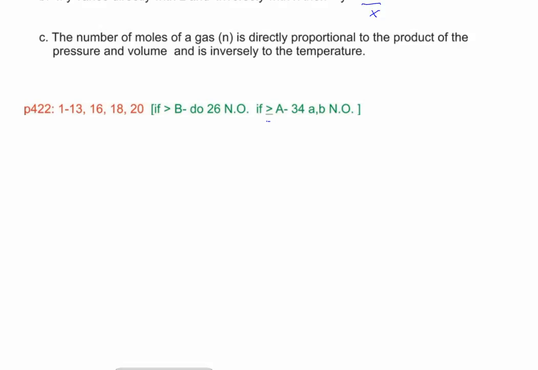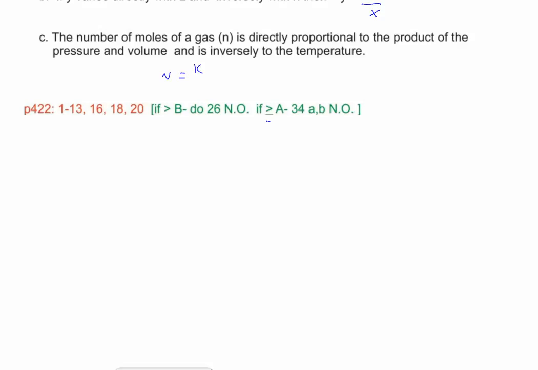All right, so the number of moles of a gas N is directly proportional to the product of the pressure and volume, and inversely to the temperature. So we're going to write this. Number of moles is N. It's directly proportional. All right, we need a K, right? Because it's a proportion.